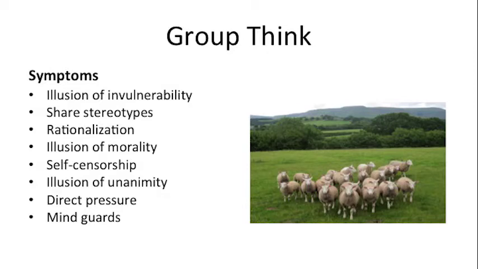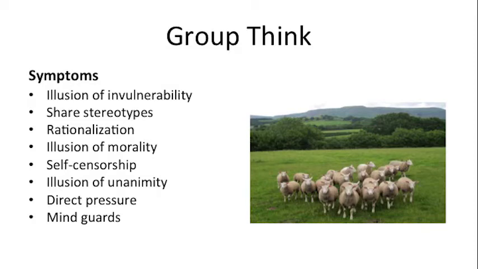But I listed some of the symptoms that take place within a group, and you can read through them. One of them that keeps popping up is this concept of self-censorship. And that occurs when somebody in the team has an idea that may be a good idea, or they see that the group is going in the wrong direction, but some of the personalities in the team are so strong, they're unwilling to bring that out.